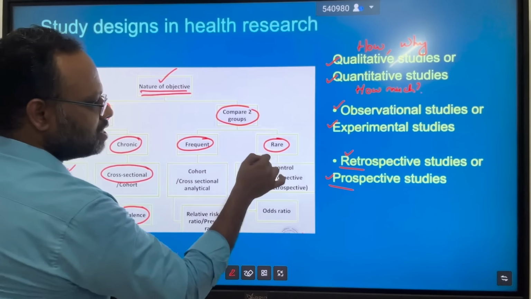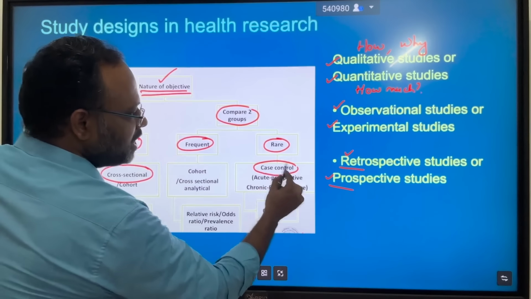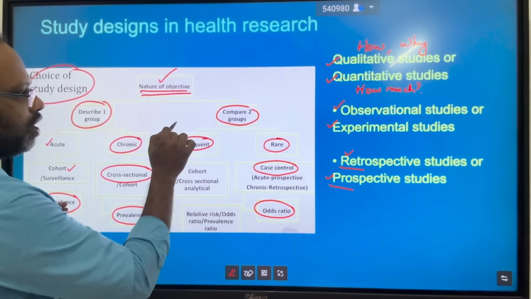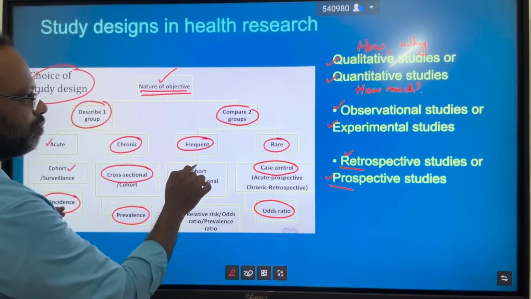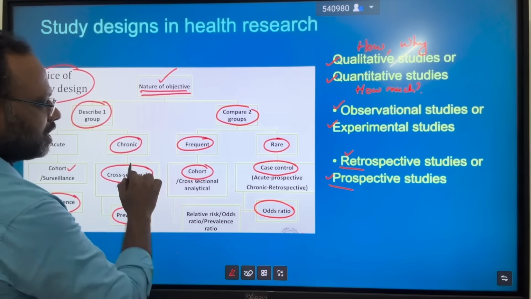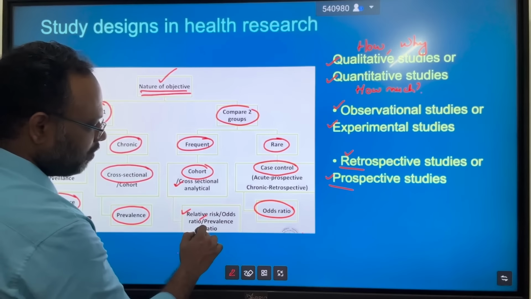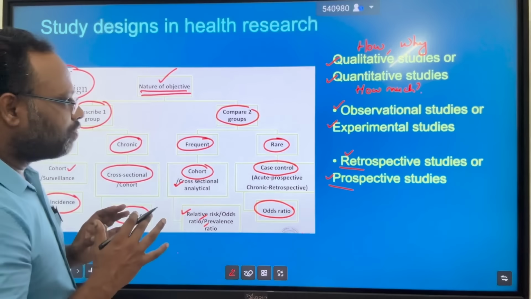If it is a rare disease, then better we go with case control study, and the parameter of our study will be odds ratio. If we are studying a common problem, then we can go with the cohort study or cross-sectional study, with relative risk or odds ratio or prevalence ratio as the parameter of association.